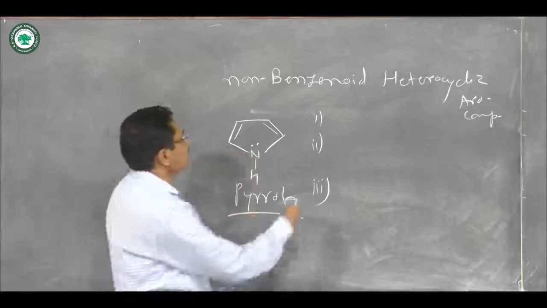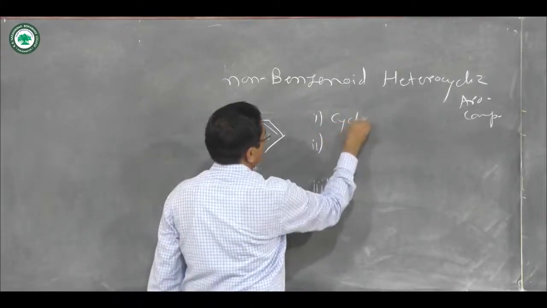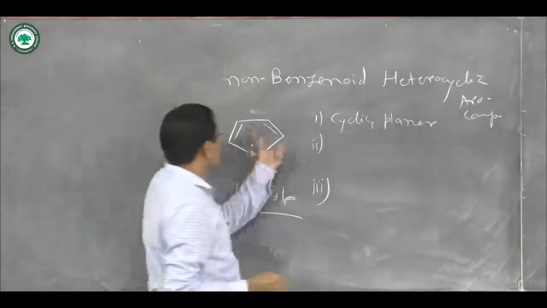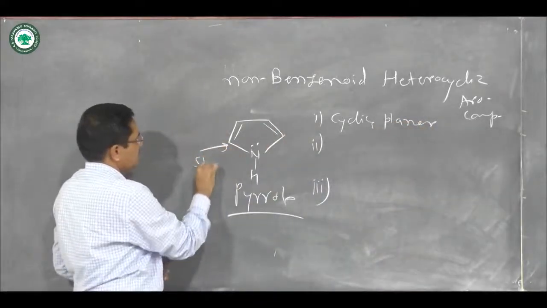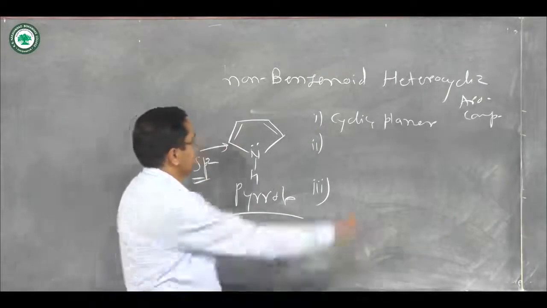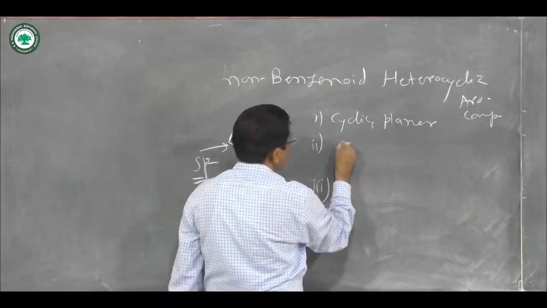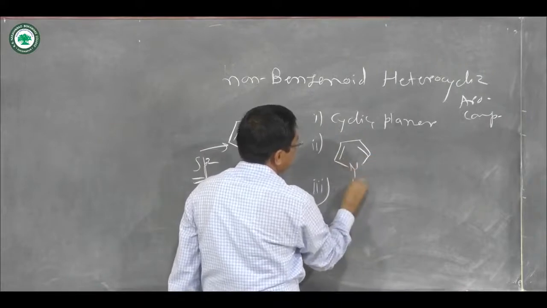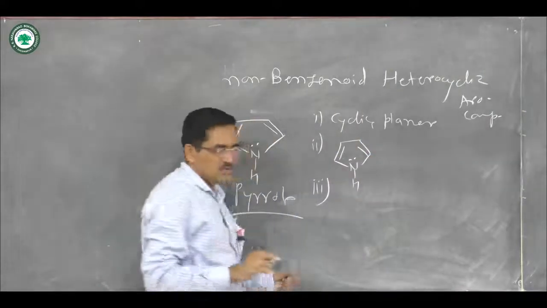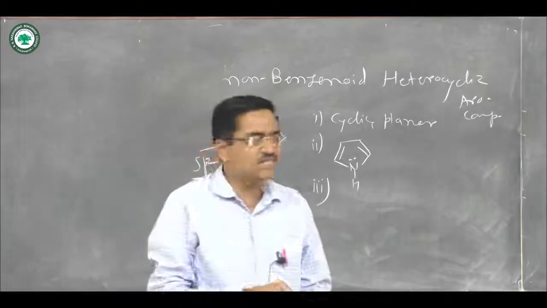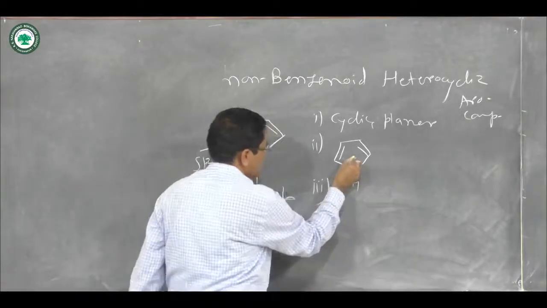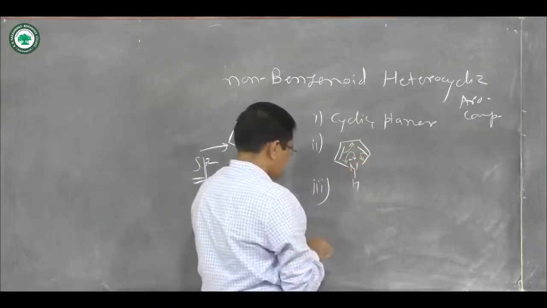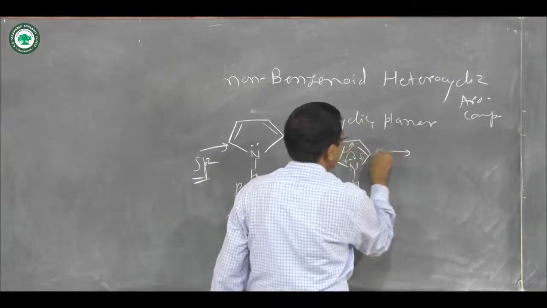First of all, it is cyclic, it is planar, because all carbon atoms are sp2 hybridized, and another one is that this compound has delocalization of pi electrons, but one difference is that here the lone pair is involved in the delocalization.